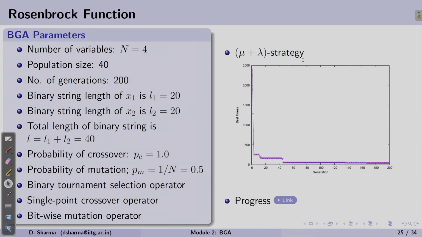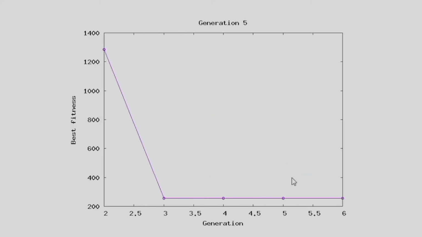Since it's a 4 variable problem, we cannot show the simulation of how the solutions are moving towards the optimum, but we can see the progress. This plot shows that there is a drastic change in the fitness value, and then after close to say 45 generations, the improvement is very little. So we'll see this particular progress now.